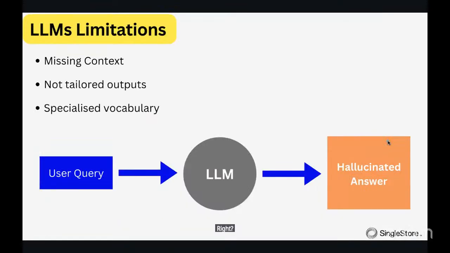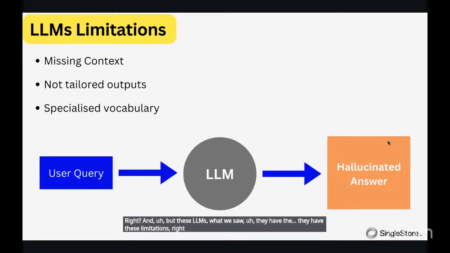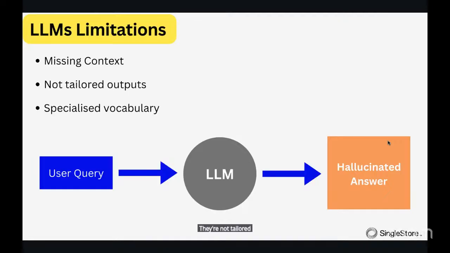But these LLMs, what we saw, they have these limitations, right? They have missing context. What if you're working in the healthcare sector? They don't understand your vocabulary. They're not tailored, and they don't get you the tailored outputs that you want, right?